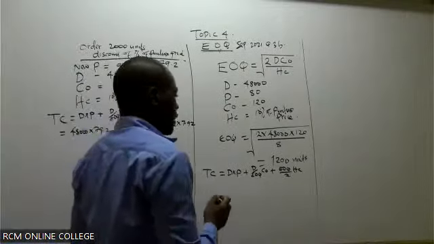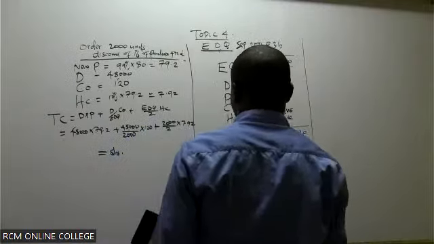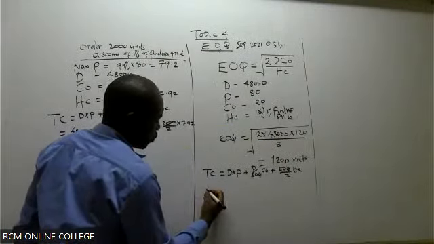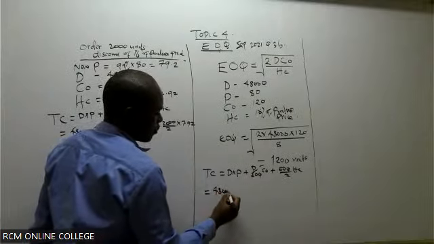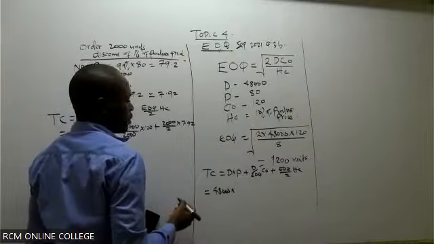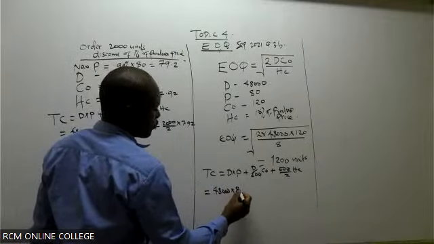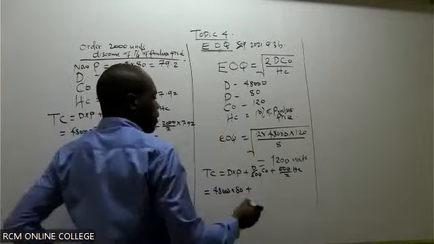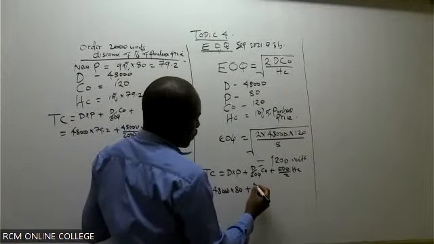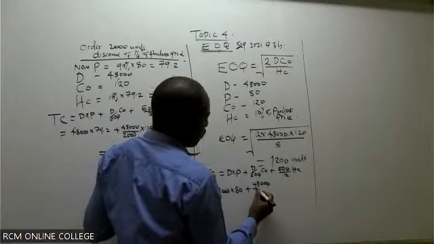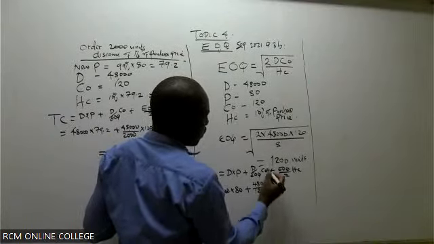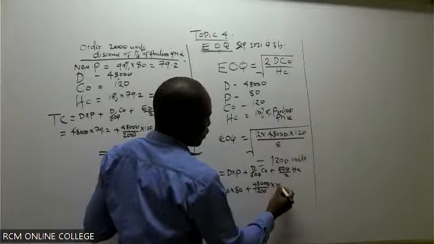I will come and do the same for this one. Total cost is equal to demand, which is 48,000, multiplied by purchase price, which is 80, plus demand, 48,000, divided by economic order quantity, which is 1,200, times ordering cost, which is 120.